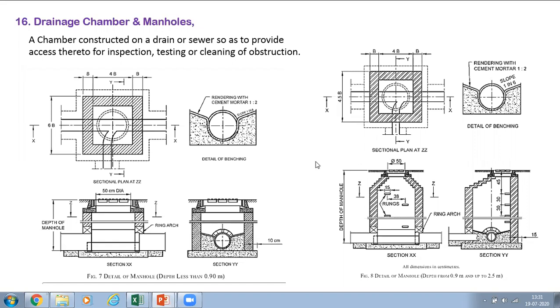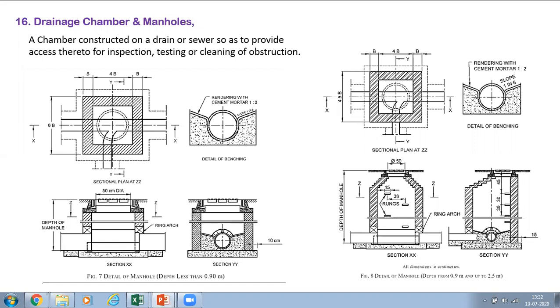Suppose your plinth beam depth itself is more, say the plinth beam starting depth is 900 mm, then under the plinth beam only you have to give the pipe. Then your depth will increase up to 1 meter or 1.1 meter, something like that will come. If the bottom of the pipe will be 1.1 meter, then furthermore some 20 mm you will take for the bottom of the pit level.